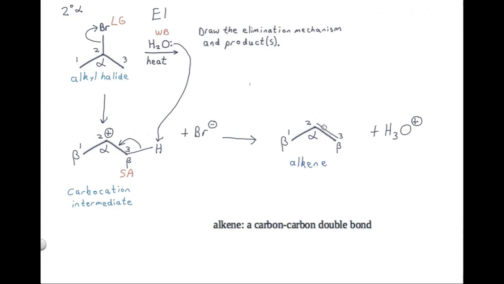You should memorize that. And you also need to memorize that a good starting material for an E1 or an E2 mechanism is an alkyl halide. And you should know that the intermediate for an E1 mechanism is a carbocation intermediate. That does not apply to an E2 mechanism.